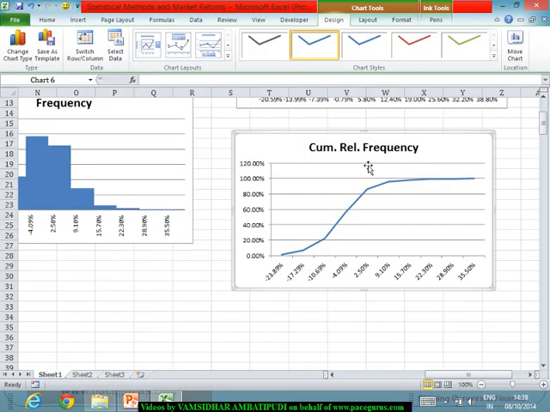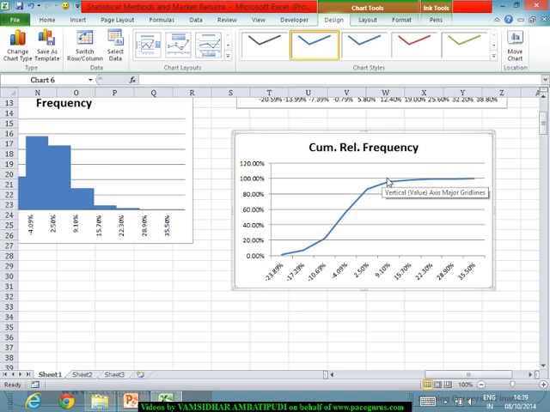And the other way we can plot it is as a cumulative relative frequency curve. So these are the three important frequency distribution representations, or graphical representations of a data summary, which can really help us in visualizing the pattern of the data and the underlying distribution that could be associated with our data.